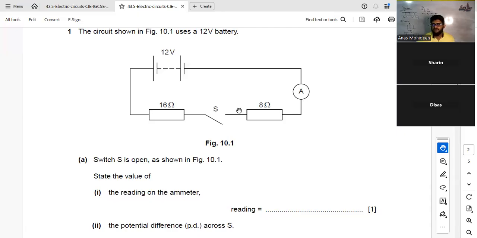So I want to find out how much voltage drop is there at the 8 ohm resistor. I apply V equals IR at the 8 ohm resistor.